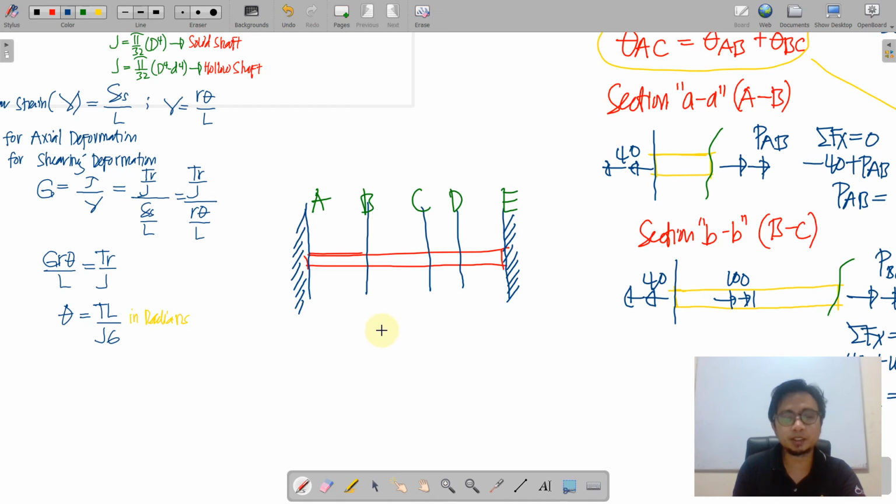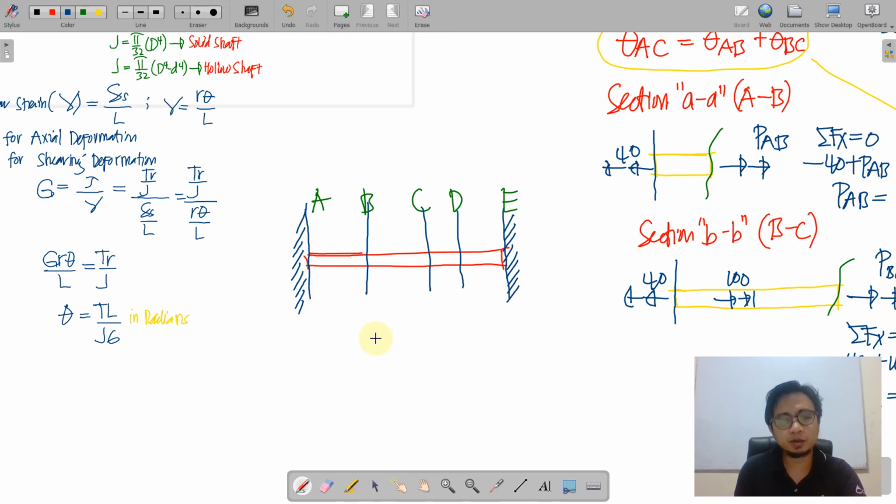on the second step, on writing the angle of twist, let us have a condition where both ends are restrained by the wall.